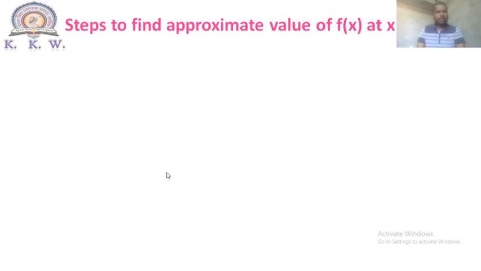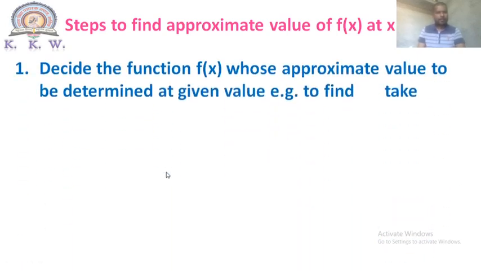Now we'll see some steps to find the approximate value of f of x. Decide the function f of x whose approximate value is to be determined, for example, cube root of 63. Then take the function f of x is equal to cube root of x.